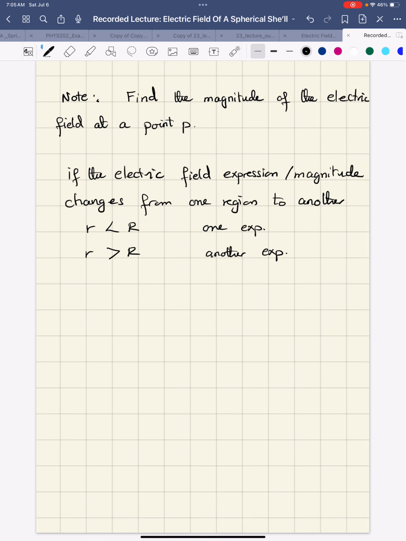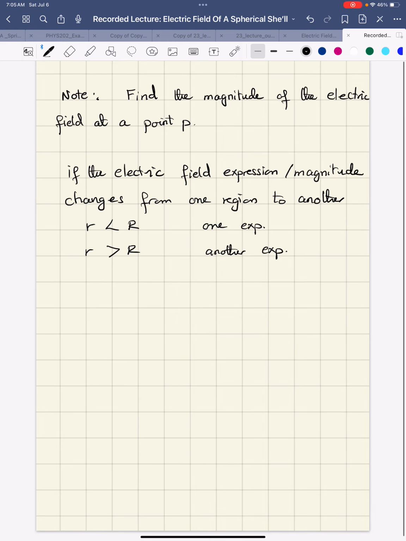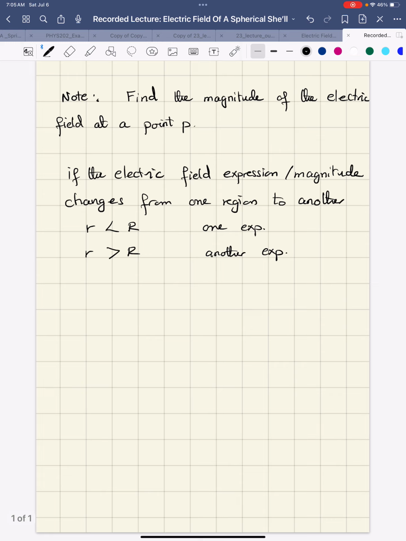The other thing that I want to say something about is to pay attention when there is a question about a conducting sphere. Pay attention to the difference between a conducting sphere and a non-conducting sphere.